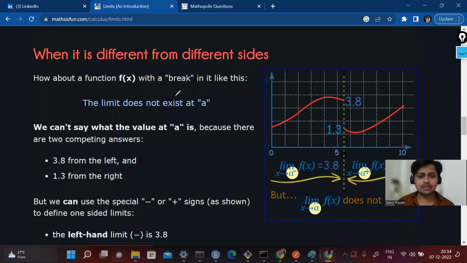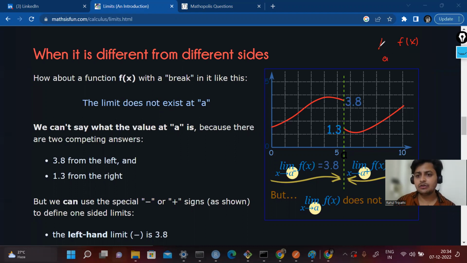Let's say some more cases. Sometimes the limit doesn't exist. For example, in this case, let's suppose there is one function, and I'm asking what will be the value of this function at a particular point a.